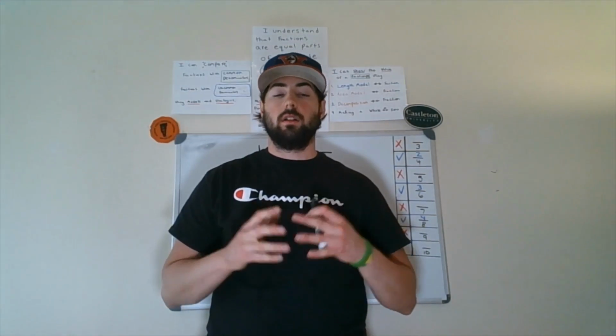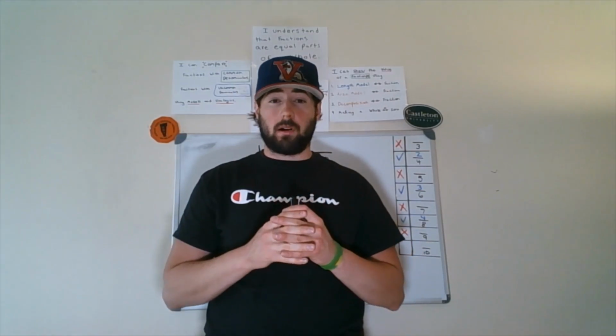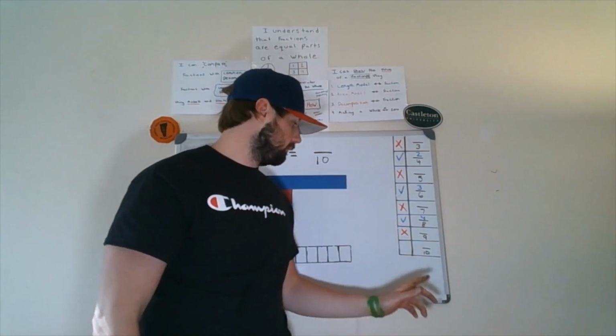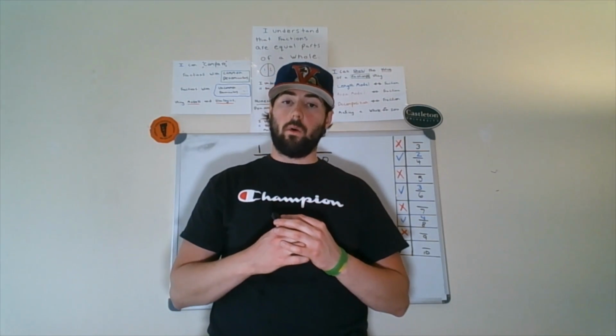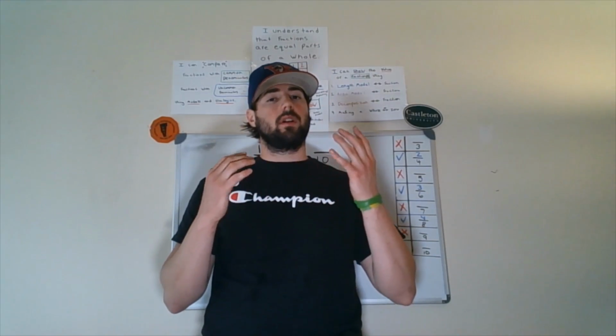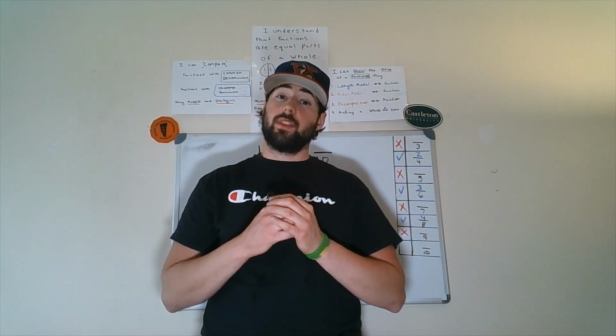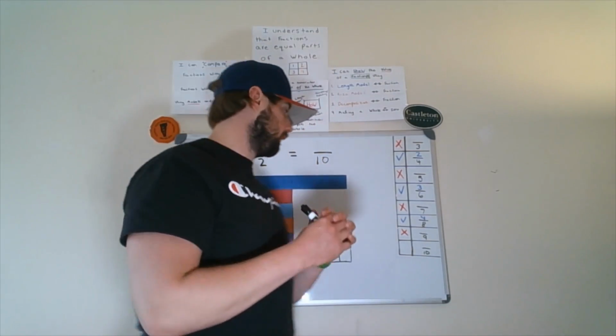All right, guys, looking at the smallest parts that make that whole today. Tenths, 10 parts that make that whole. Are there any number of parts, any number of tenths that is equivalent to 1/2?